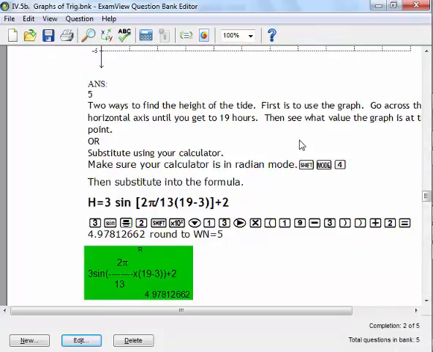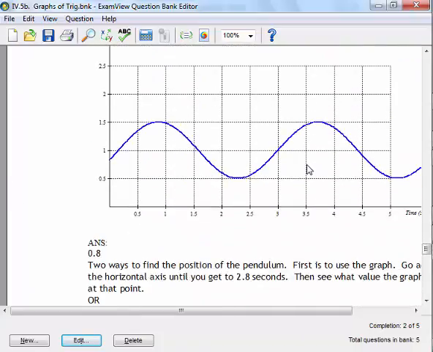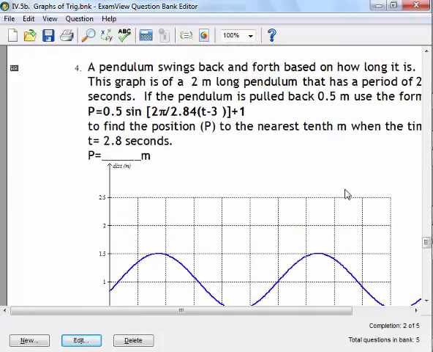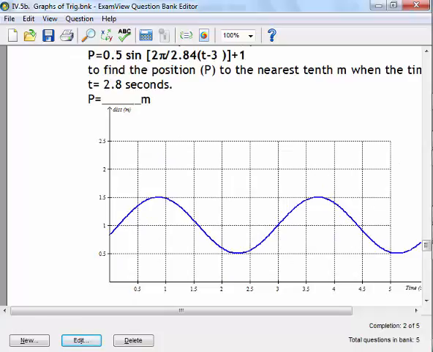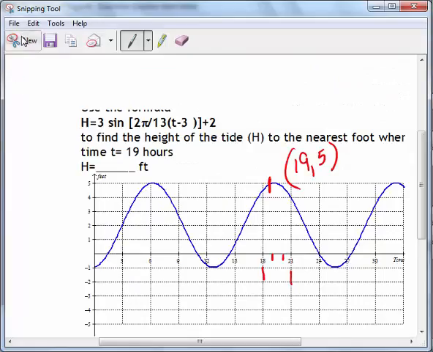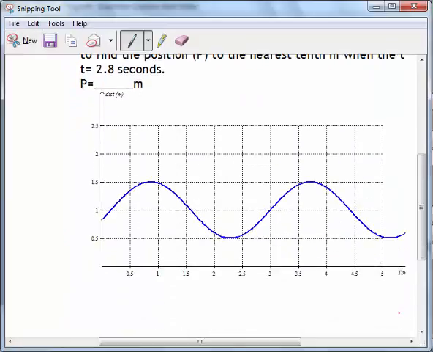I want to do one more just because I think it's important for you to be able to just look at a graph and figure out what it's saying. Here's a graph of a pendulum swinging compared to its time. In this case, we're looking for where the pendulum is at 2.8 seconds. Well, 2.8 would be right about here.